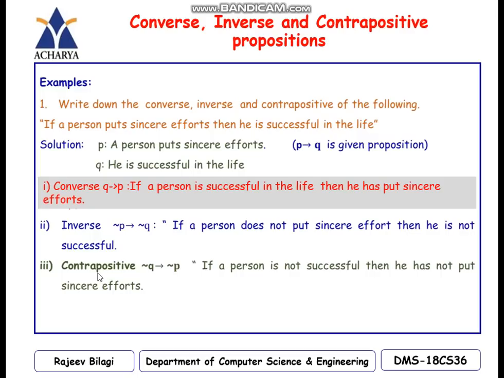That is what I have written here, negation of Q then negation of P. So this is how you are going to write down the different converse, inverse, and contrapositive propositions.